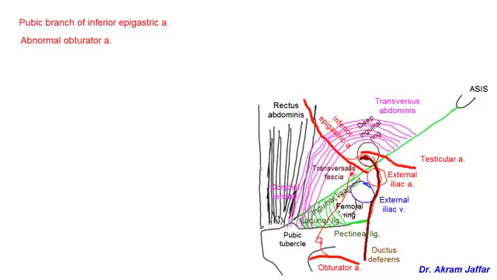It should be kept in mind because surgical operations in this region dealing with the lacunar ligament and the femoral ring might injure this abnormal obturator artery and result in considerable bleeding.